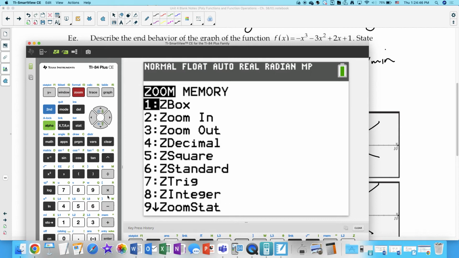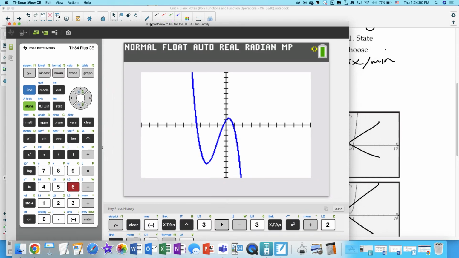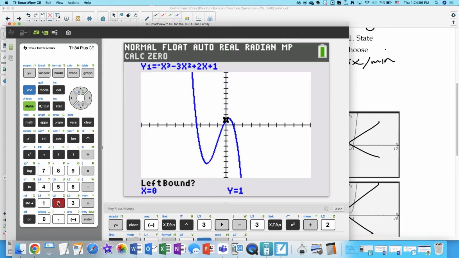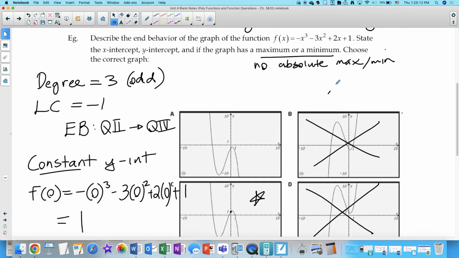I should have done this on the Casio, because it's so much easier to find these points. But let's find the zeros first. There's a 0 at negative 3.49. And then I don't know what the other ones are.